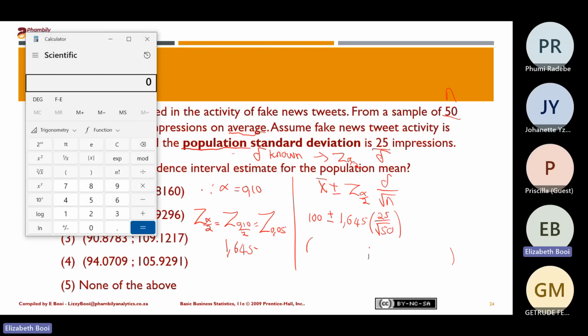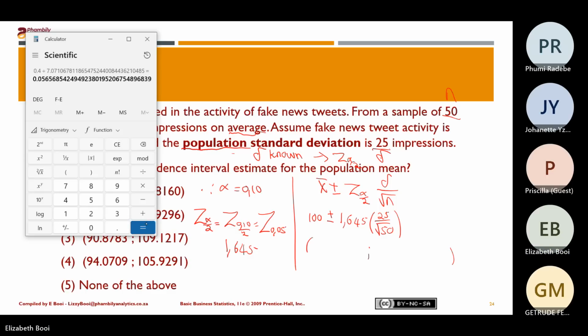So I'm going to say 25 divided by the square root of 50.